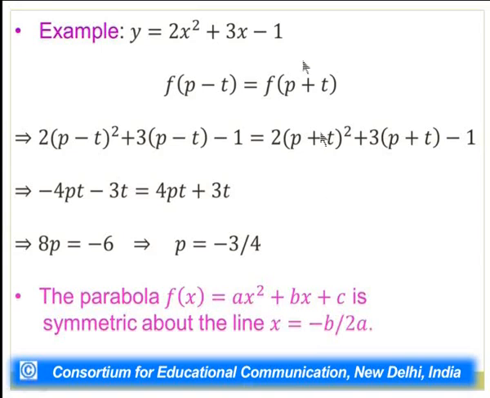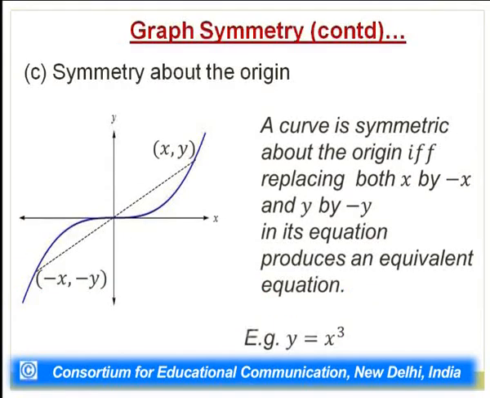Now for this quadratic function, our b is equal to 3 and a is equal to 2. So minus b upon 2a would be minus 3 upon 4, and that is exactly what we have got in our calculation above. So in this way, using the formula f of p minus t equal to f of p plus t, we can calculate symmetry about the line x equal to p in general.